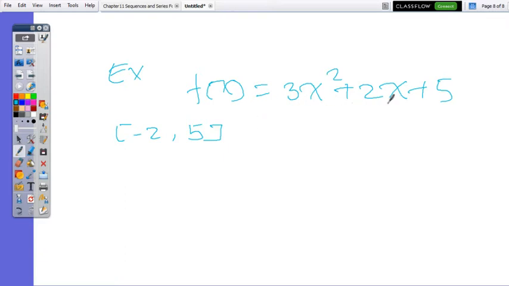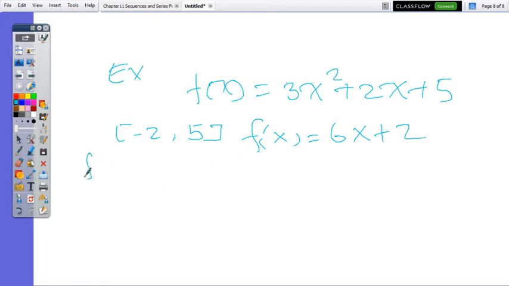The first thing you want to check is that the function is continuous. It is, because it's quadratic. And it's differentiable, so you try to find the derivative. The derivative, f prime of x, is 6x plus 2.